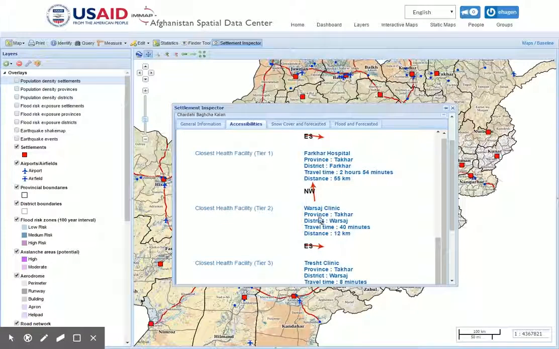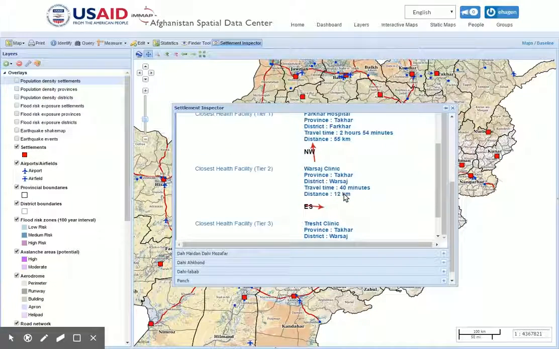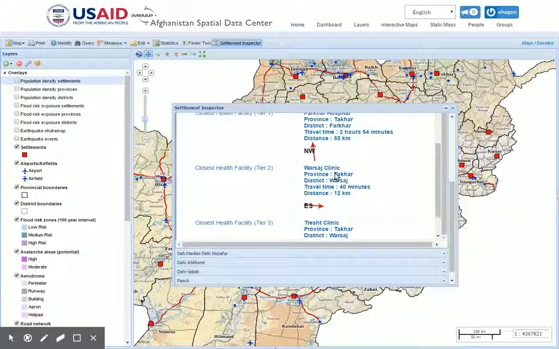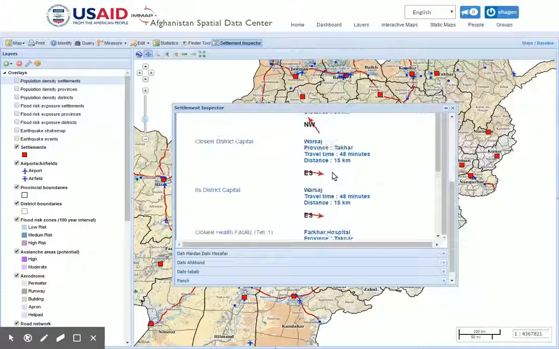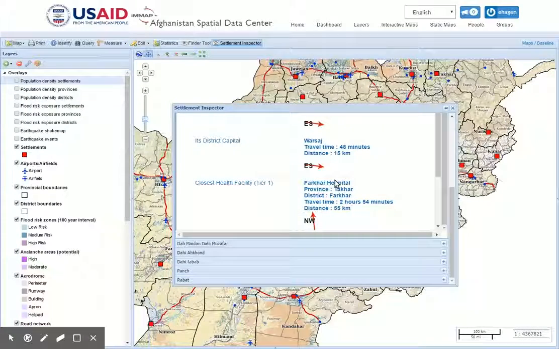And the Tier 2, which will be a comprehensive health clinic, is about 40 minutes driving time away, but it's only 12 kilometers, which implies that the roads are bad in this area. There's a basic health center or a sub-health center, which is only 1 kilometer drive away. These arrows, which you see here, indicate the general direction where this point of interest or emergency facility is located.